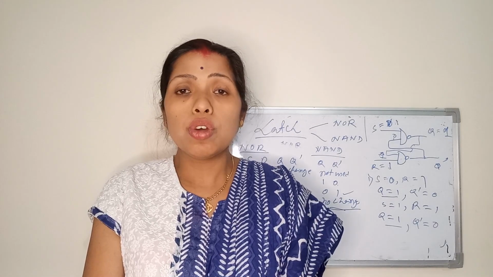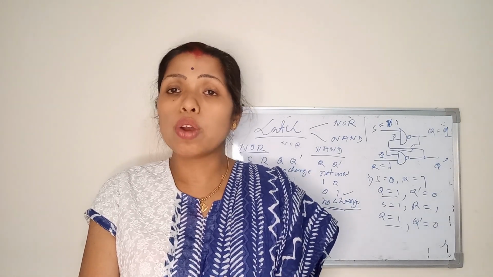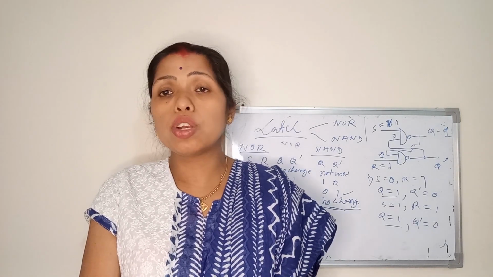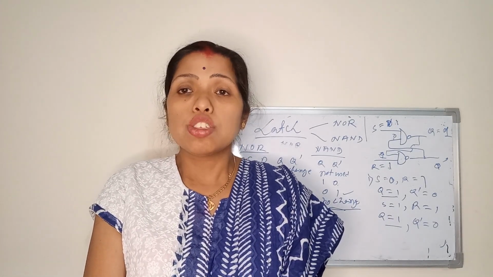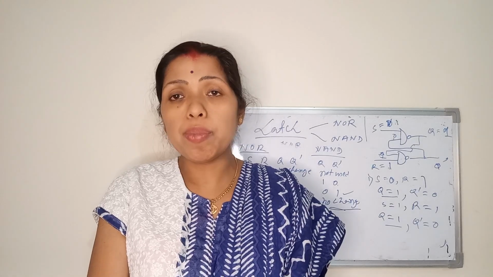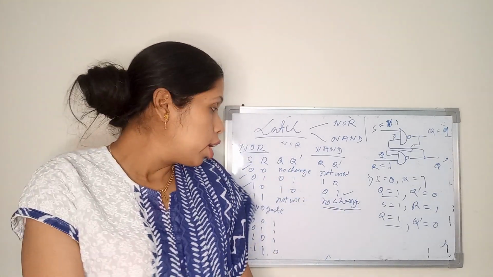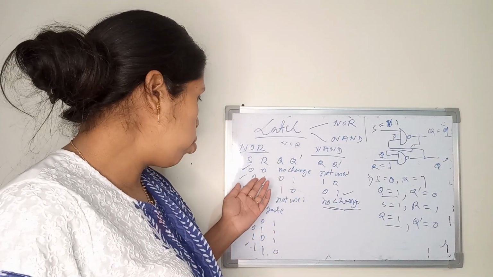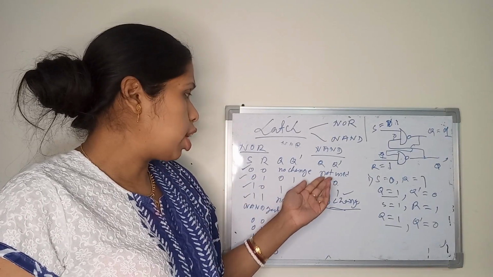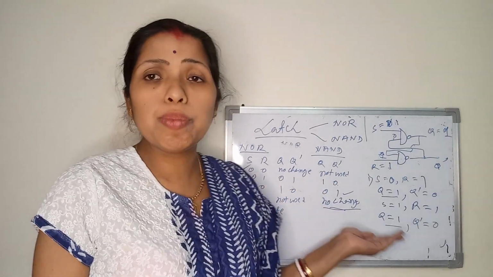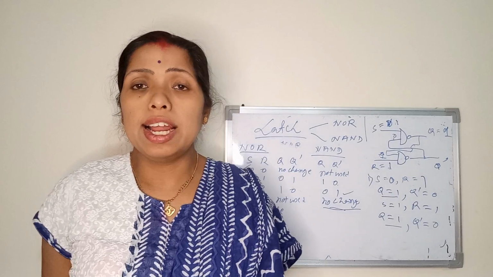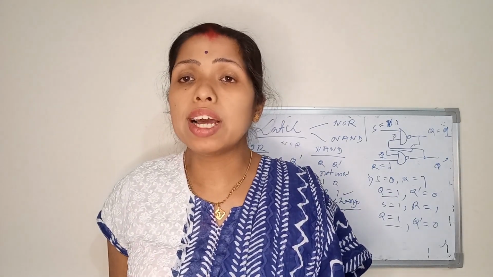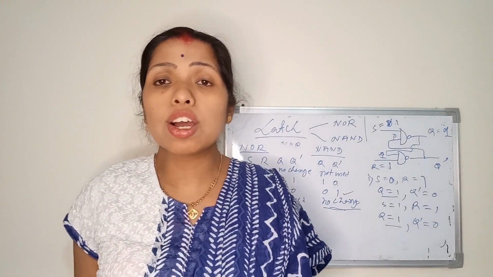So if we are giving 0 1 or 1 0, at that time also we don't want to change the outputs from the latch. These things can be done by the clock signal. Suppose you are giving 0 1, but you don't want to change the output; it should stay as a memory effect. The memory effect should be there for any inputs of the latch, either NOR latch or NAND latch. That is controlled by an external signal, called the clock signal.